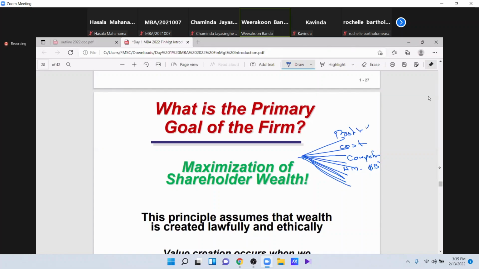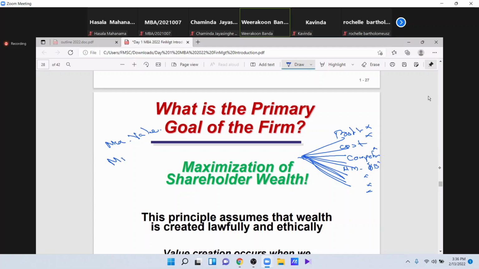So concerning each item here, all these objectives we can categorize into two. One is maximize company value.